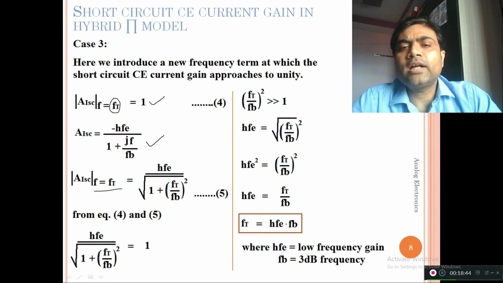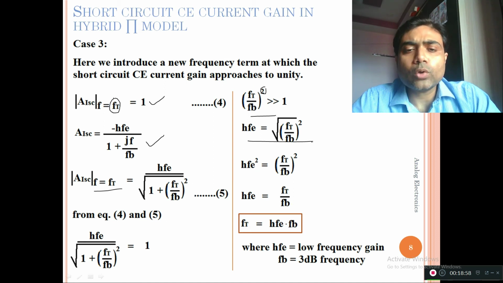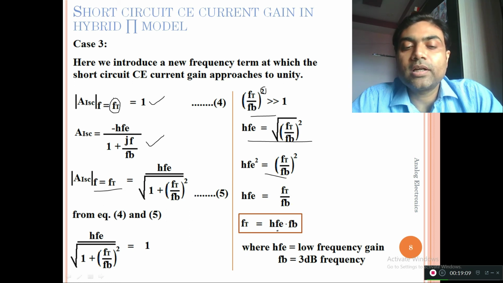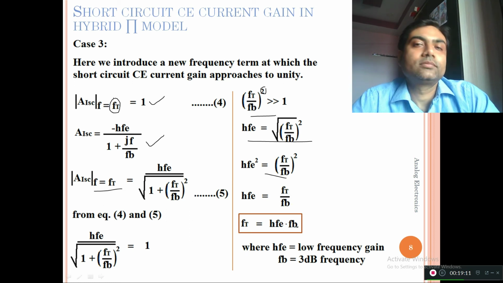So we know that Ft upon Fb is certainly greater than equal to 1 because of this square term. So this analysis is correct, and if it is true, then HFE equals to under root Ft upon Fb whole square, and if you want to remove the square root term, you will get this kind of value, and from here you can calculate HFE equals to Ft upon Fb. And what is Ft? Ft is nothing but HFE into Fb.